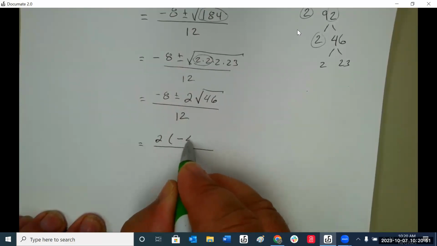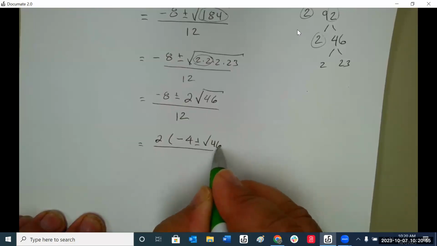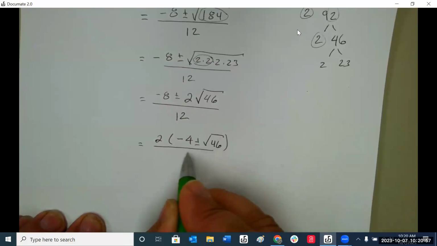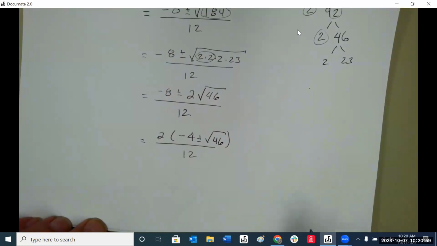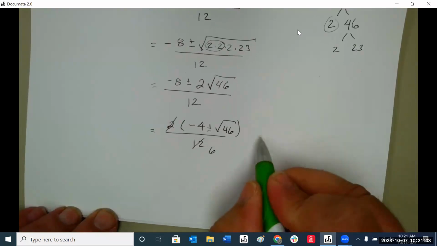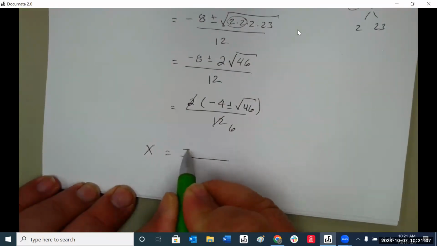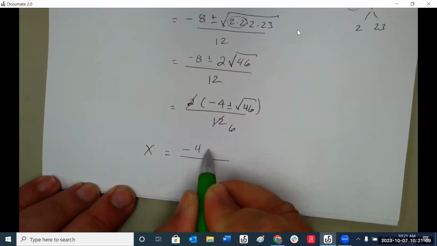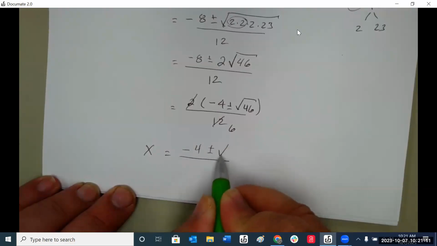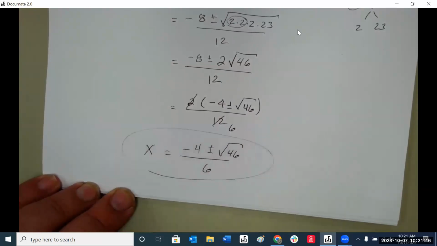So we factor out the 2. Two cancels with the 12 6 times. So our x-intercepts are at those two values.